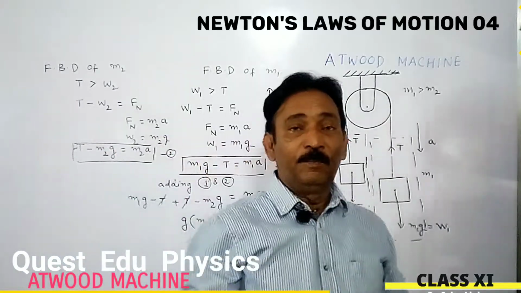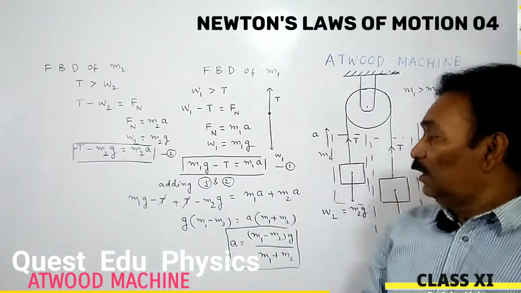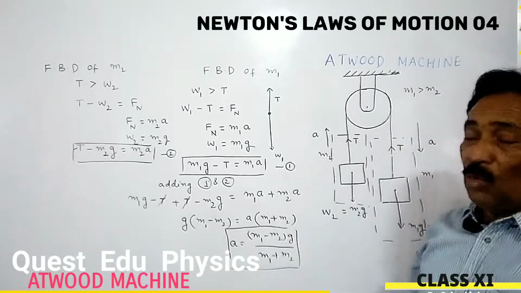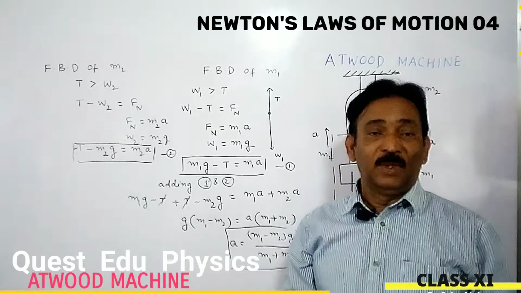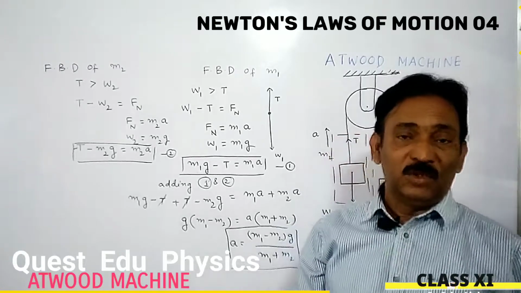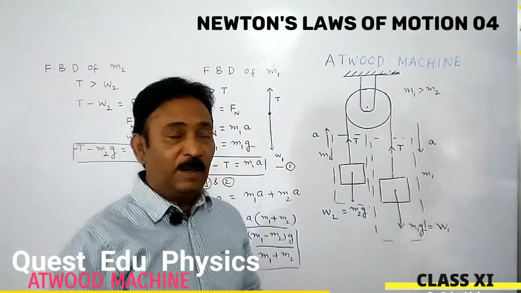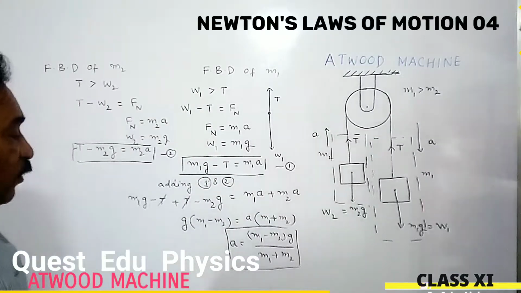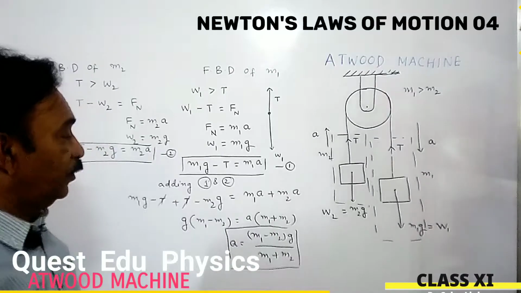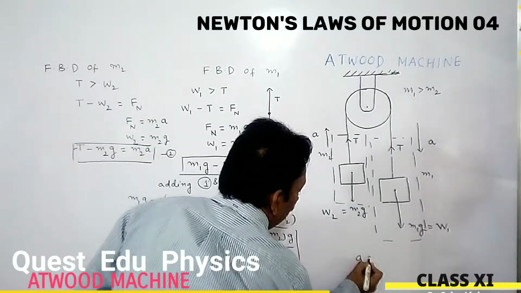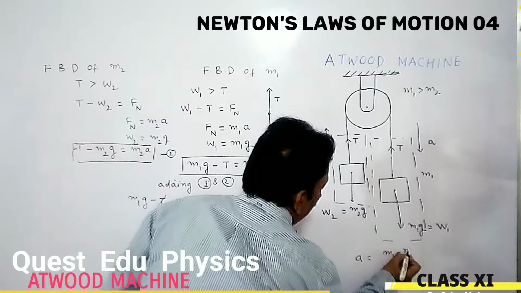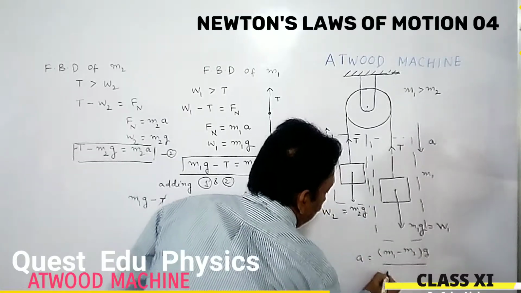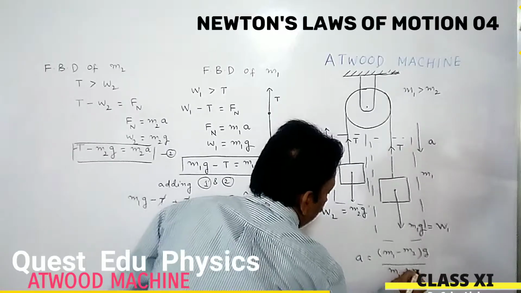In this way, you can find out the acceleration. Here we have one more method to find the acceleration directly. A is equal to M1 minus M2 into G by M1 plus M2.